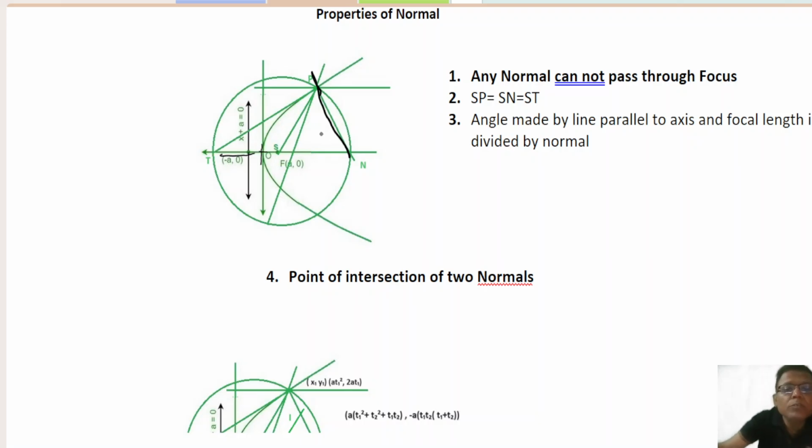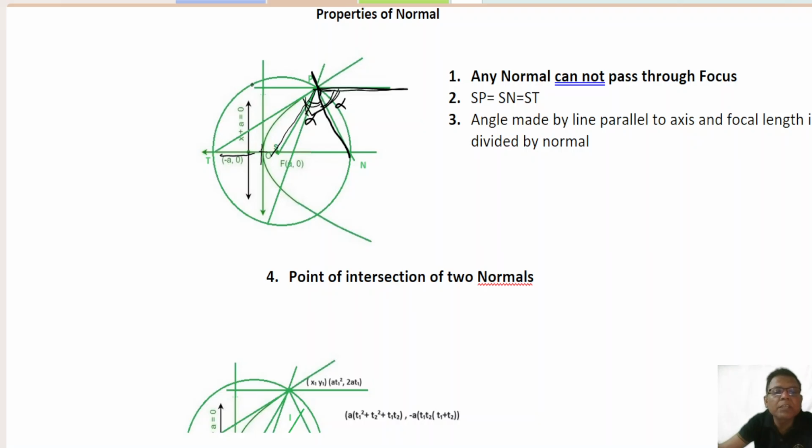Suppose a line comes parallel to the x-axis. We know that it will pass through the focus. That means the normal will be bisecting this angle, because by the law of reflection, this angle will be the same, and this is 90 degrees with the tangent.